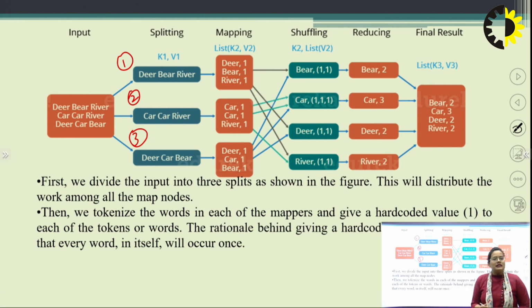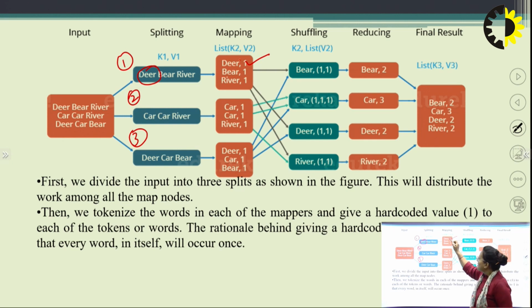Now we tokenize the words in each of the mappers and give a hard-coded value 1 to each token or word. It means the token will be deer, and we give it a value 1. The rationale behind giving a hard-coded value equal to 1 is that every word in itself will occur once. Now, a list of key value pairs will be created where the key is nothing but the individual word.